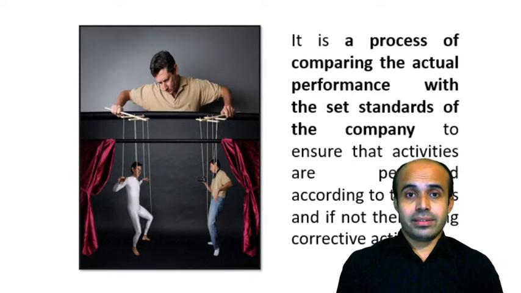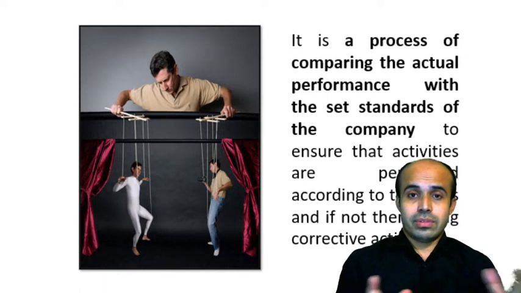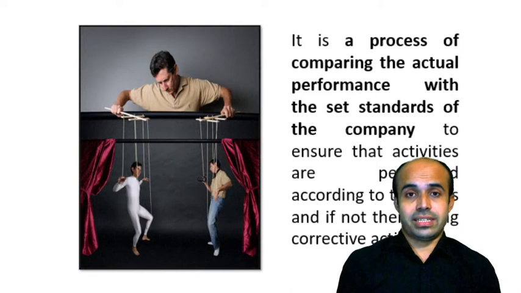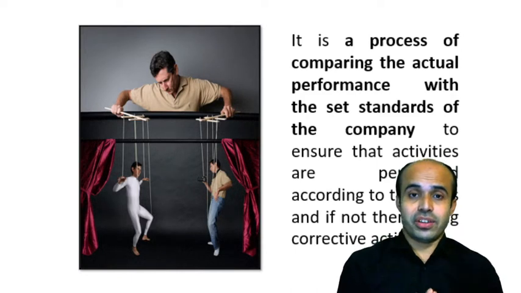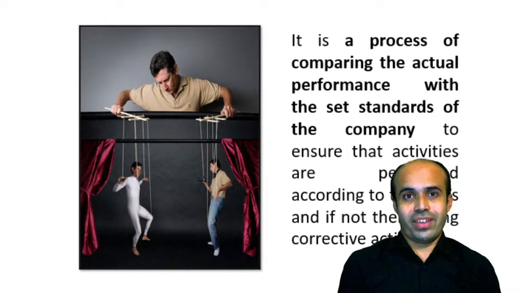And third, if any deviation is found, they have to take corrective action or a corrective step. So these three things you have to mention in your definition. Then the definition of controlling will be perfect. I hope you have understood.